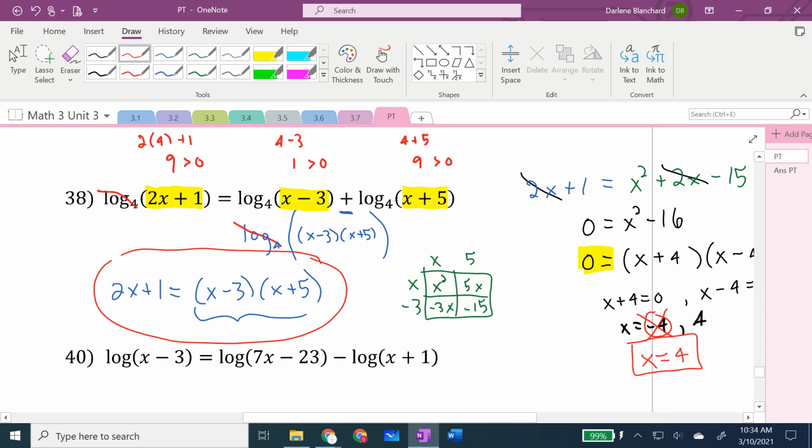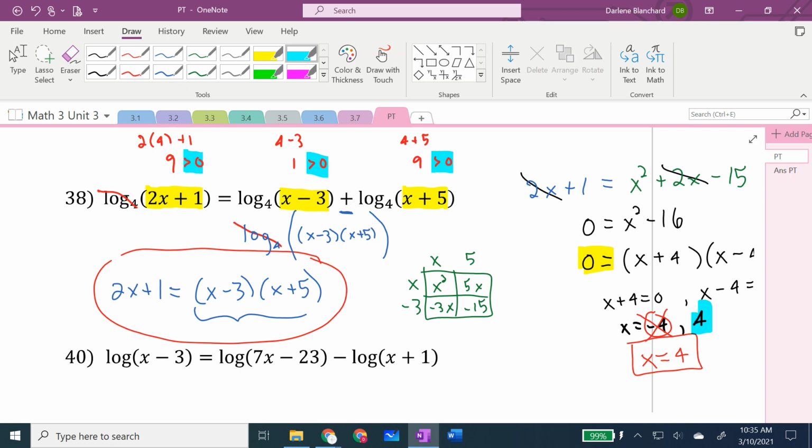Yes. All three of them make positive numbers go in the logarithm. That means 4 definitely is not an extraneous solution. It is a solution. So I hope that clarified.